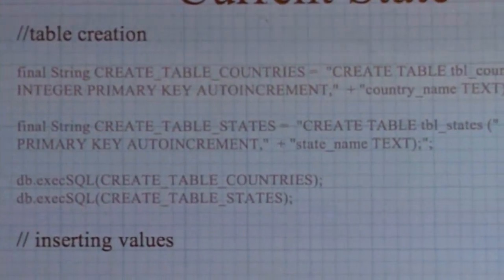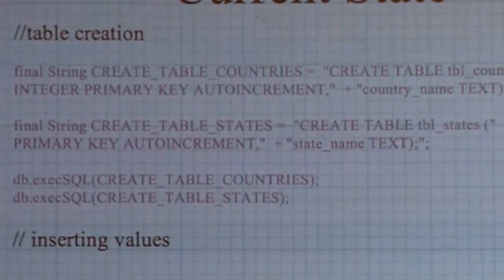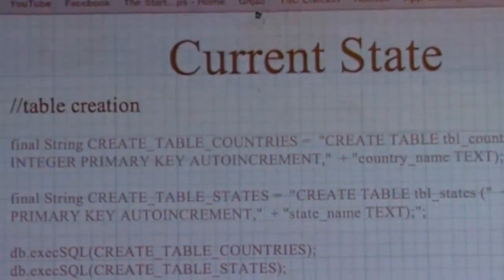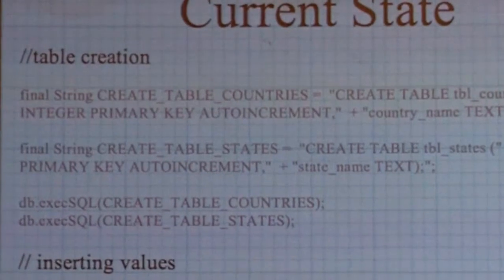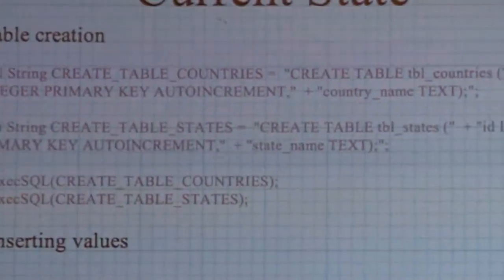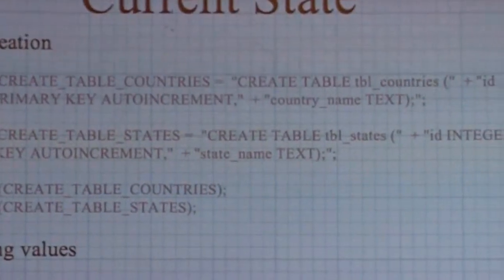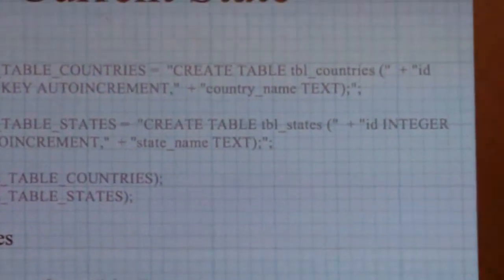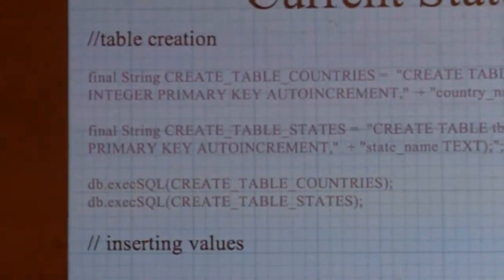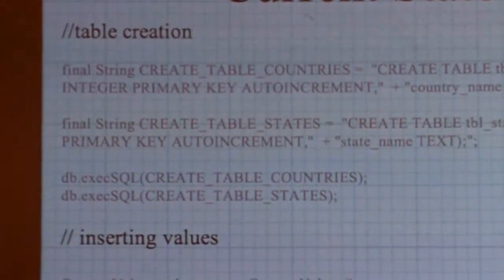Coming to the second slide. I've tried to brief on the current state of how you go about creating a table. You have all those good-looking queries around create table, and then you get a DB instance and execute a SQL, and hopefully it works.